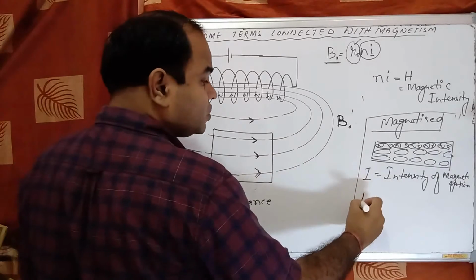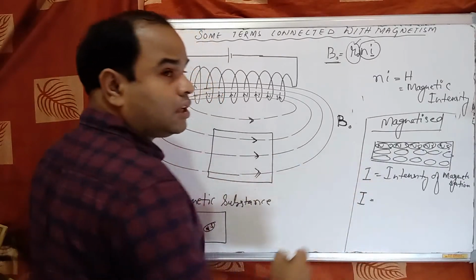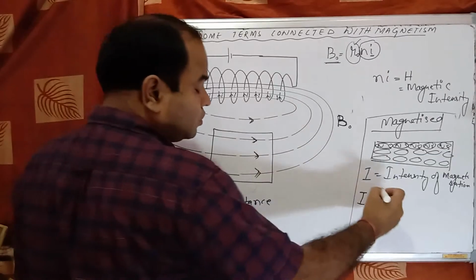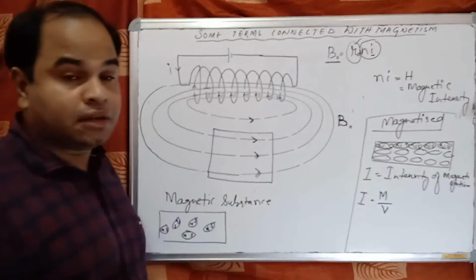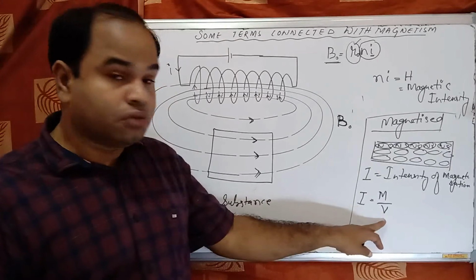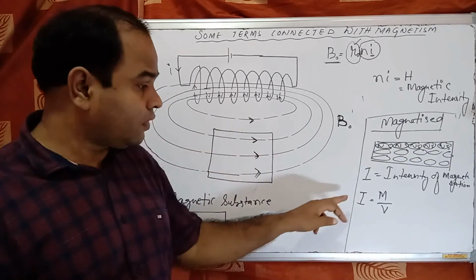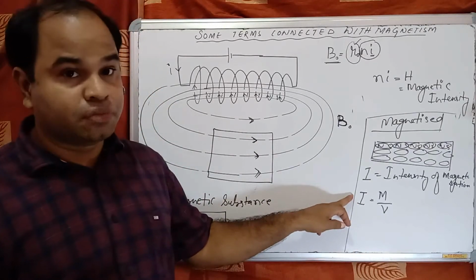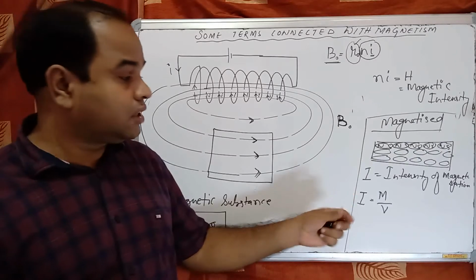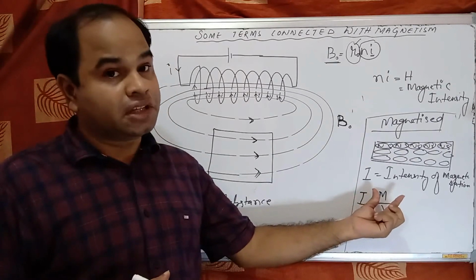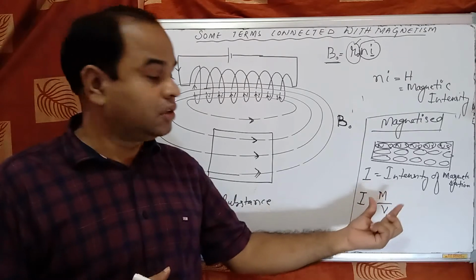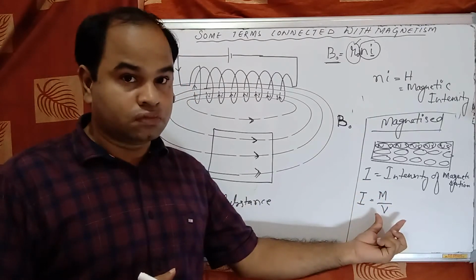This intensity of magnetization is the number of dipoles aligned in a particular direction per unit volume. Again, I is the intensity of magnetization. It is the number of dipoles aligned in a particular direction in a given volume.